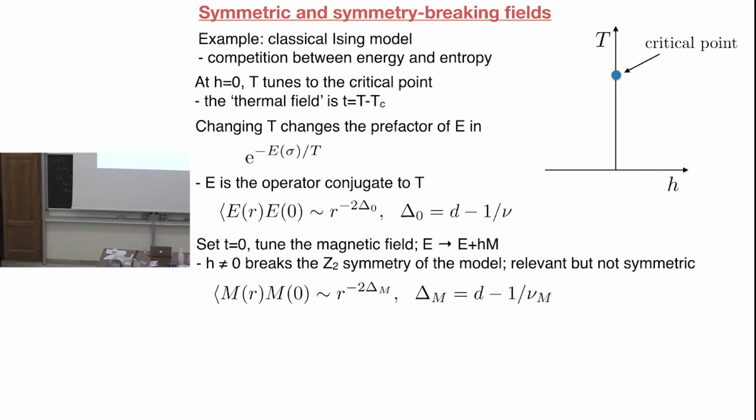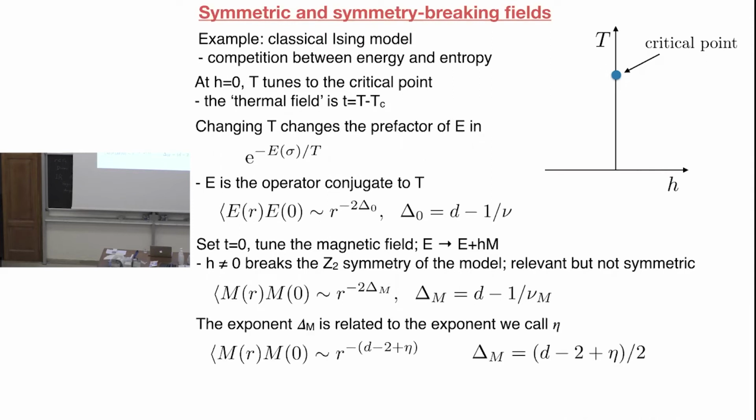Now we should look at the magnetization correlations, and that defines the scaling dimension of this magnetization operator in the model. And this gives you an exponent that we can call Ym, which is equal to some 1 over nu m. That tells you, when you tune here, how things scale as you go to or from the critical point.